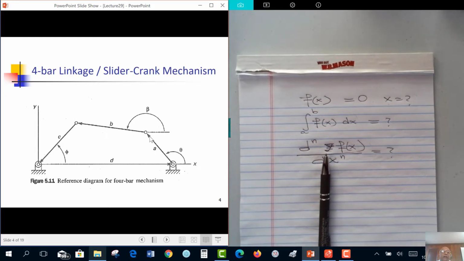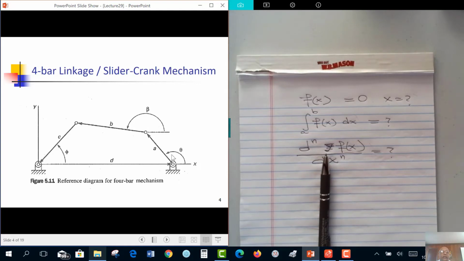We have another bar, again this can rotate, and it makes an angle of beta with respect to the x-axis. Then we have a third bar, C, connecting this one, and it makes an angle phi with respect to the x-axis.